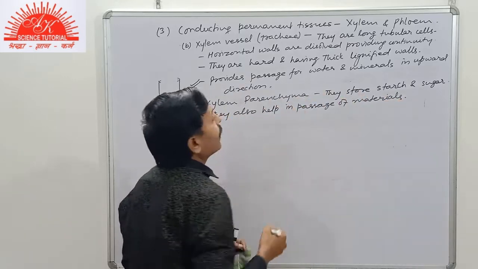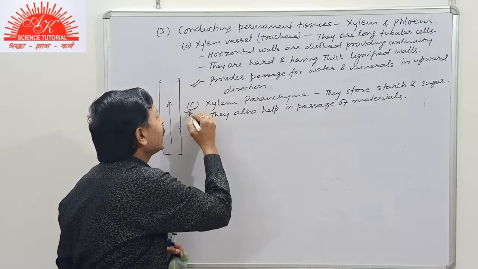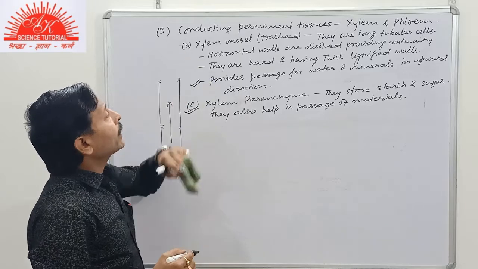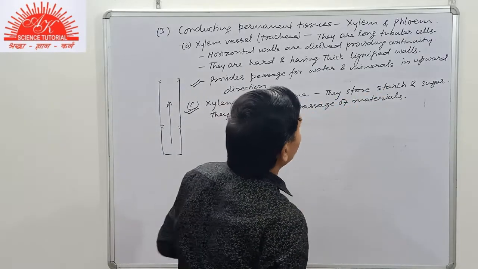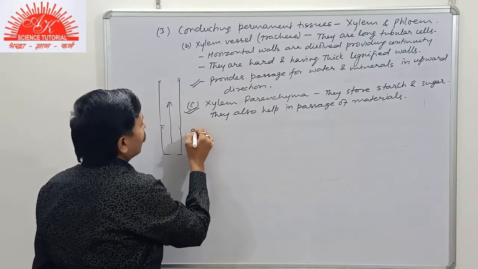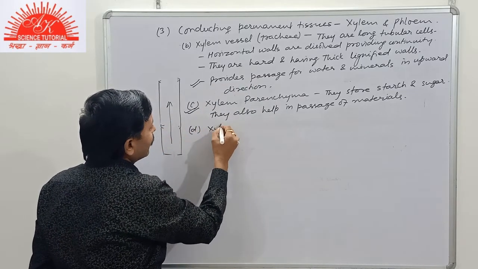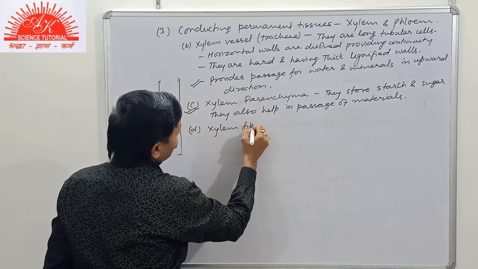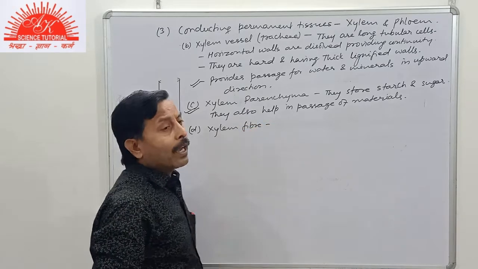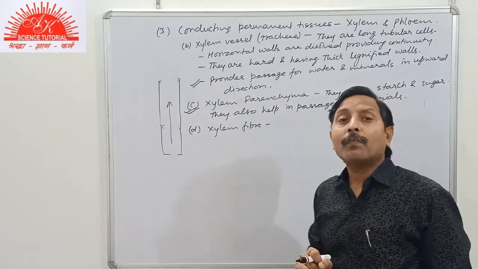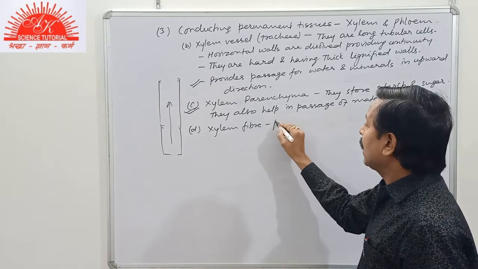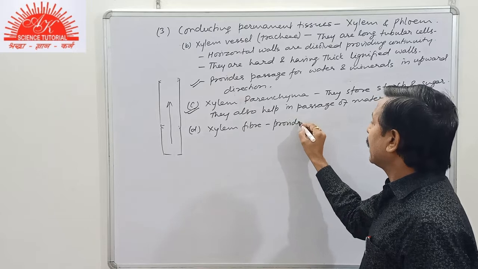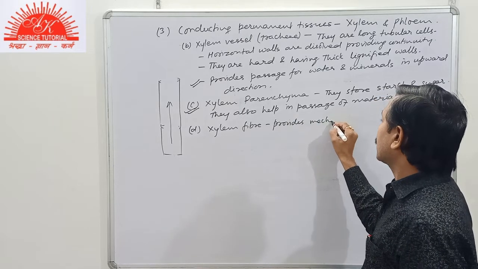So as it is parenchyma, which is the only living component in the xylem vessel, it stores starch and sugar. Now the next component is xylem fiber, and this is fiber, so it will be made up of sclerenchyma. As a result, it provides mechanical support.